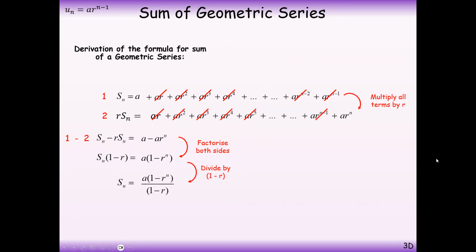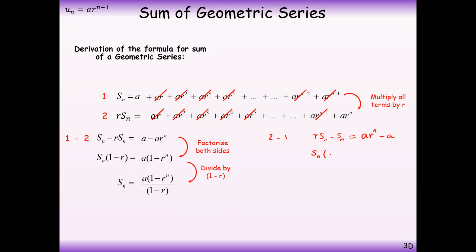Now, if you did this the other way around and you subtracted 2 minus 1, you would end up with the expression r Sn minus Sn. And on the right side, again, everything will cancel out, but you would have ar to the power of n minus a. I'm just showing you a different derivation of the same formula.